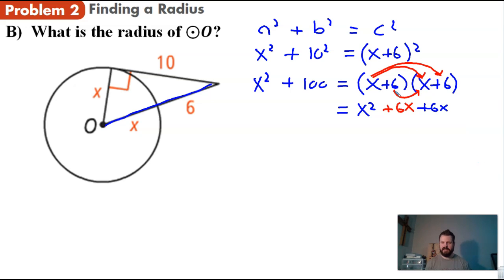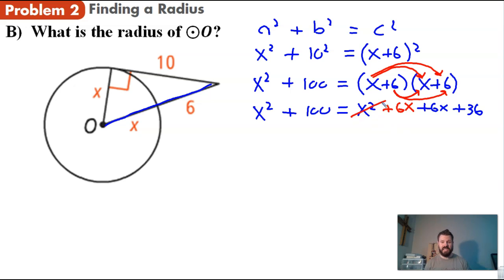And then last, 6 times 6 will give me 36. As you do a couple of these, you're probably going to see some shortcuts you can take. You can combine things in steps, but we'll expand it all out here. So x squared plus 100 is equal to x squared plus 6x plus 36.